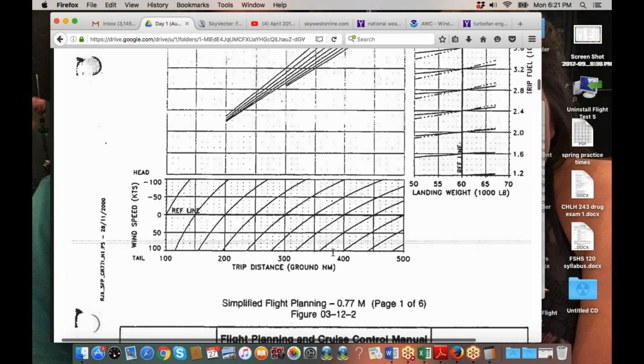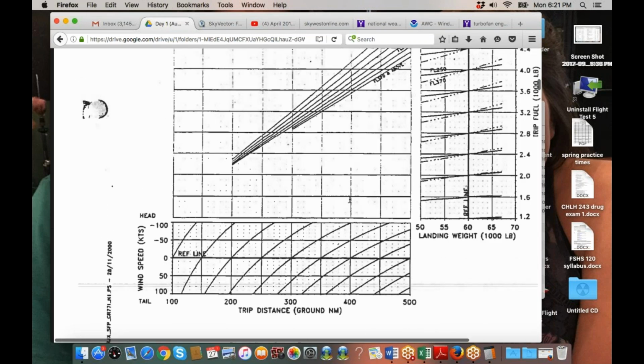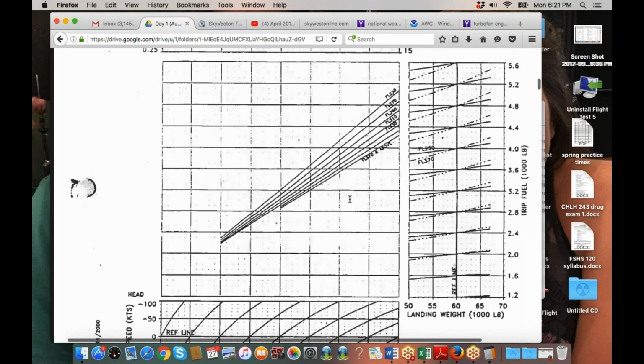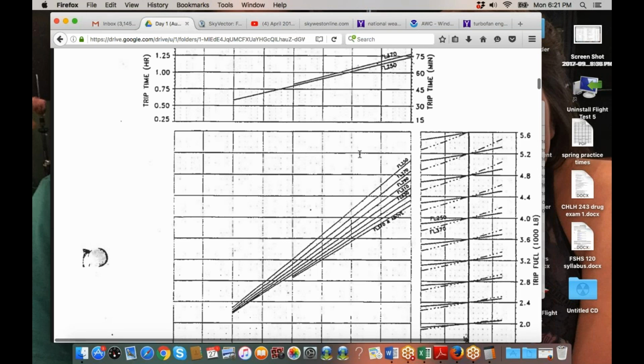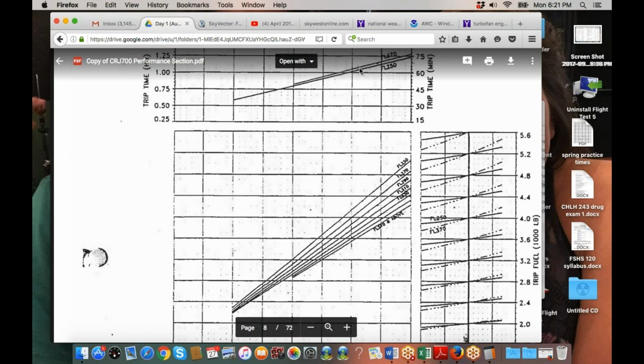Okay, so we were at 3.8. We went up to over here. Stay around on this side of the line. We hit our lines around here, we go over.